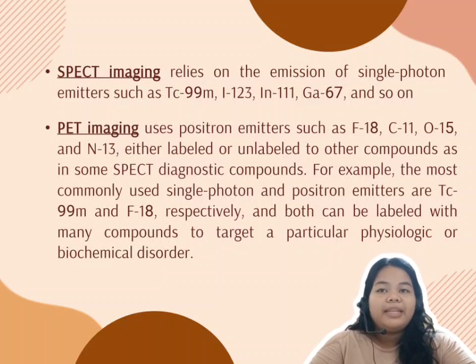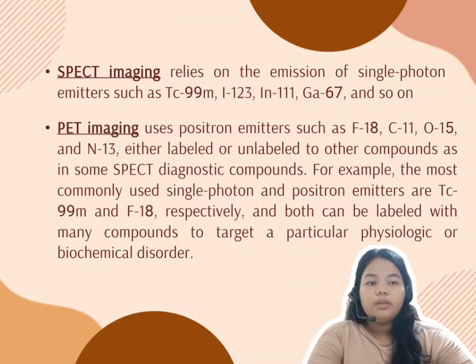On the other hand, PET imaging uses positron emitters such as fluorine-18, carbon-11, oxygen-15, and nitrogen-13, either labeled or unlabeled to other compounds as in some SPECT diagnostic compounds. For example, the most commonly used single photon and positron emitters are technetium-99 and fluorine-18, respectively. Both can be labeled with many compounds to target a particular physiologic and biochemical disorder.